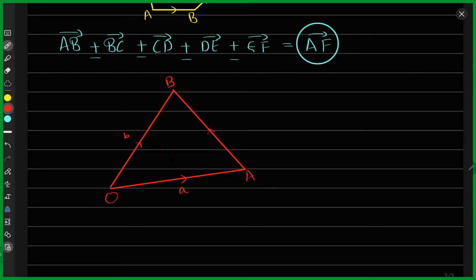Now let's say you have been asked to find out AB. So what is an alternate way of going from A to B? So what do you guys think? You clearly know that this A is basically in this direction, but if I am interested in going from A to B, I would have to go in this direction.